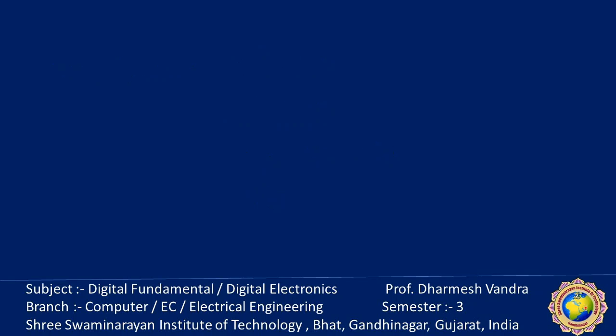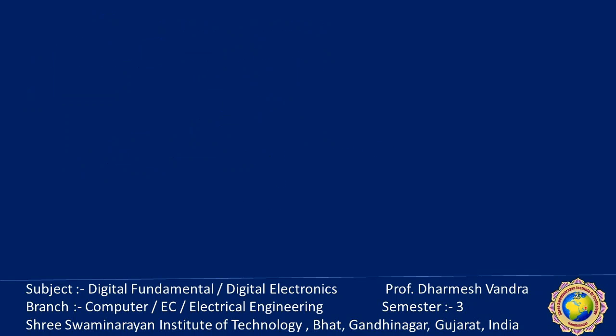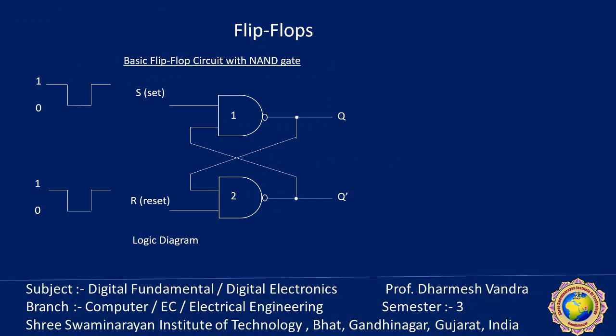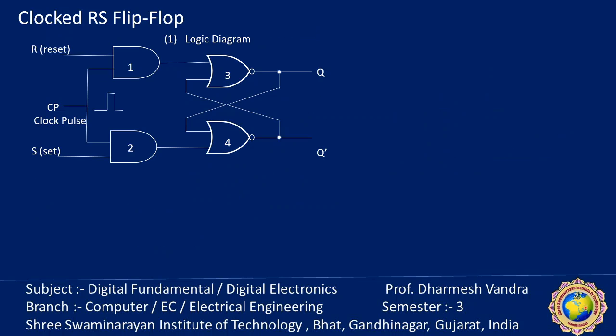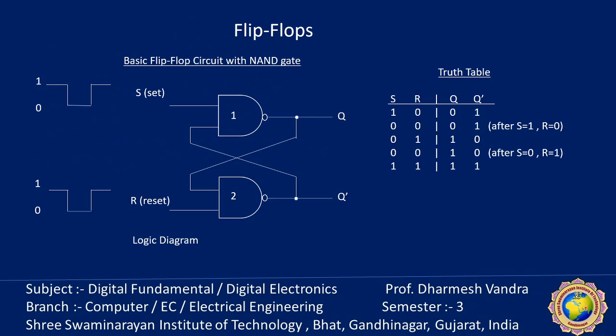So let's see the circuit diagram of the D flip-flop. Up to this point in the diagram, these four NAND gates form an RS flip-flop, which we already discussed. But here, the set and reset inputs are changed.